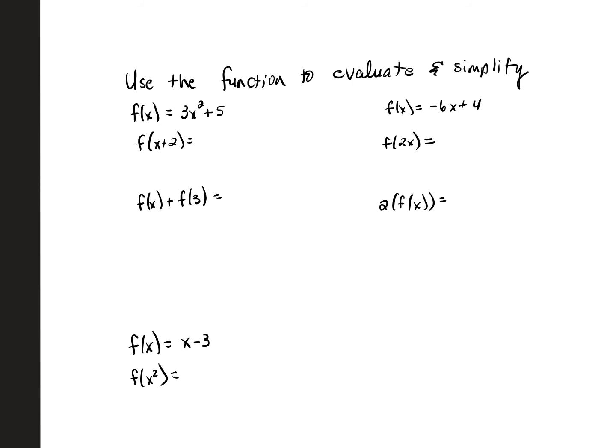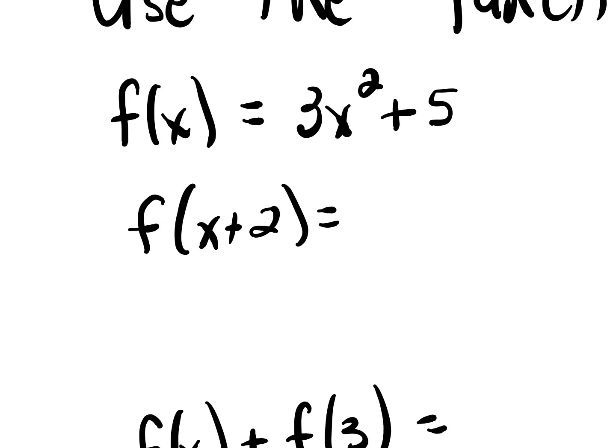It says use the function to evaluate and simplify. So we're going to do the same kind of thing, guys, same concept, but instead now you're going to plug in expressions. So in this first example, they gave me this function, f of x equals 3x squared plus 5. Well, this first question is telling me everywhere that I see an x in my original equation, I need to plug in the expression x plus 2.